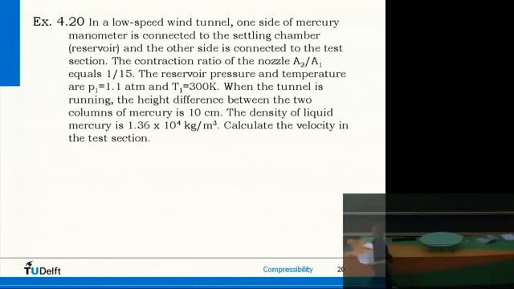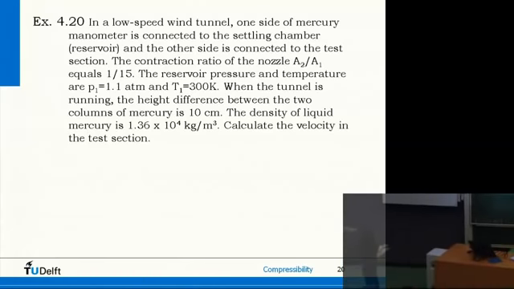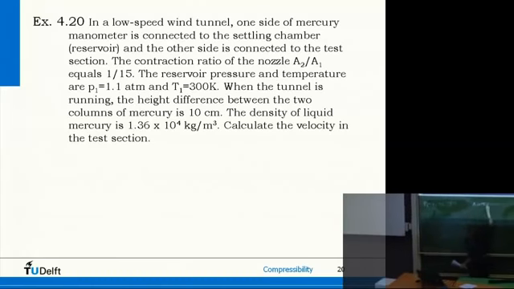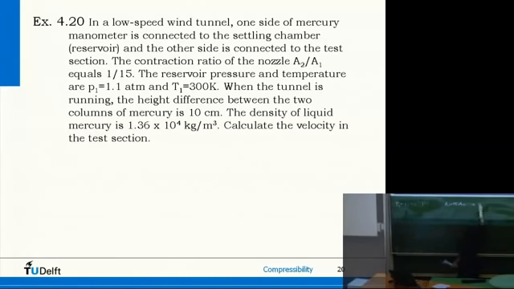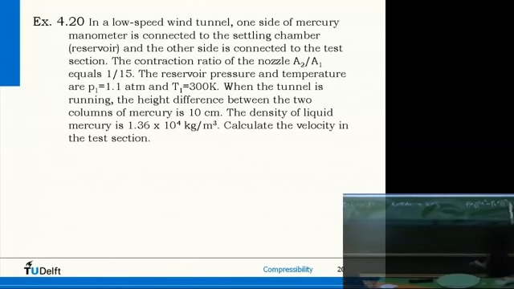So area 1, large area, so what I used is A1 is 15 A2, so V2 larger than V1, and then in Bernoulli, of course, P1 plus half rho V1 squared equals P2 plus half rho V2 squared.